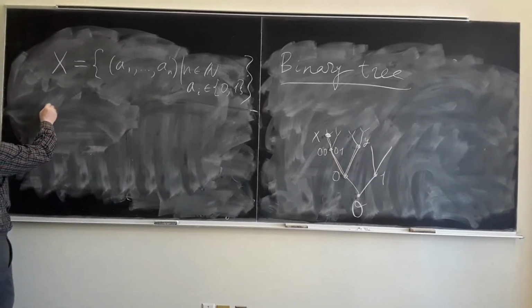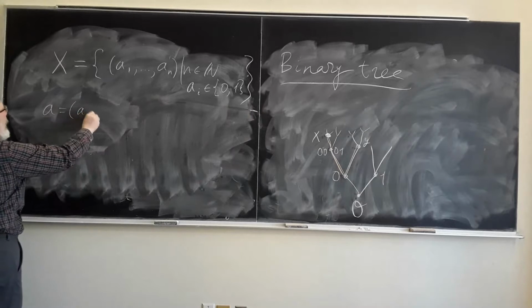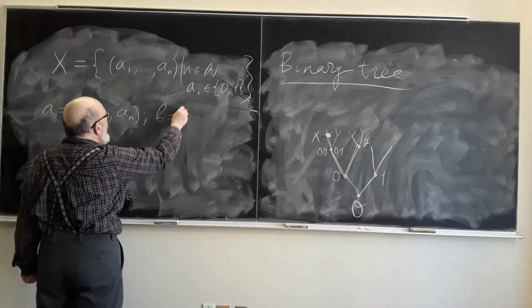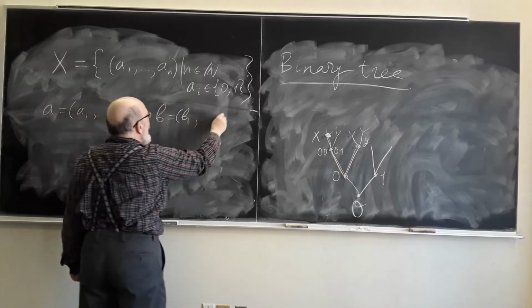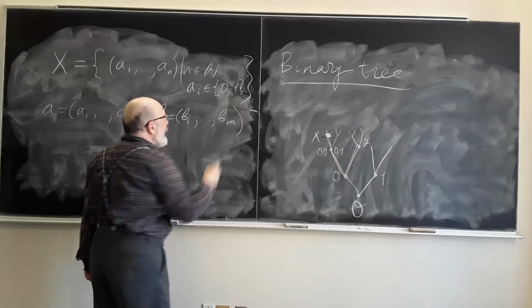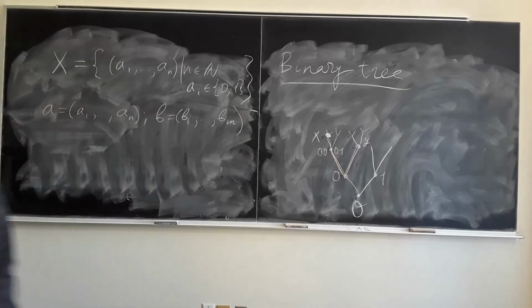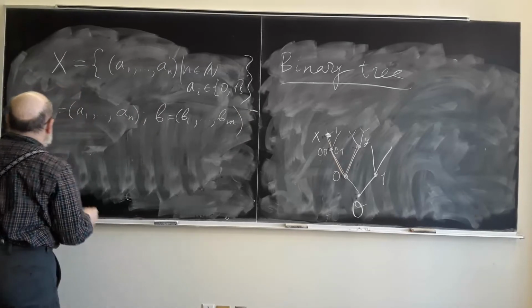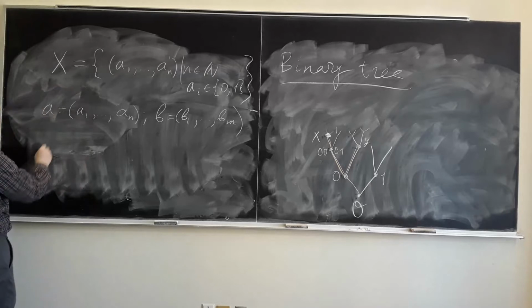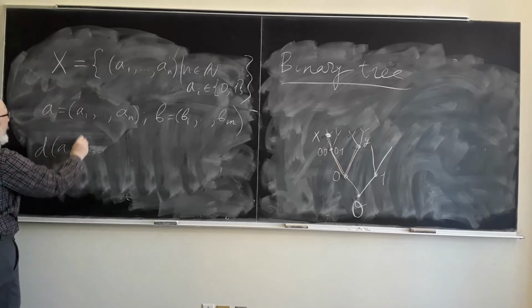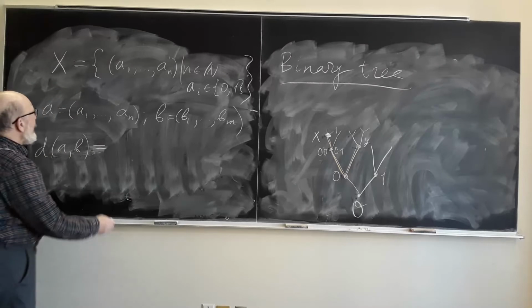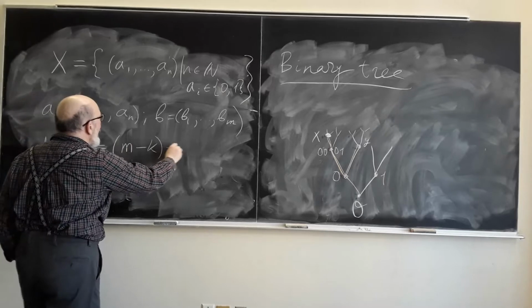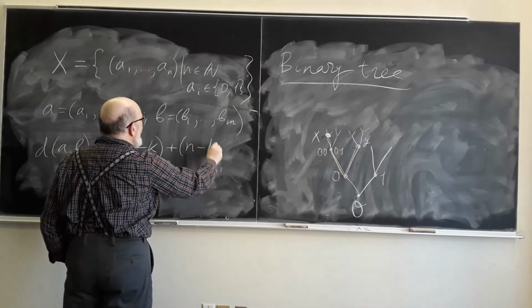If you have A equals, say, A1, ..., AN, and B equals B1, ..., BM, it can have different lengths. Yeah. So we define the distance between A and B equals n minus k plus m minus k.